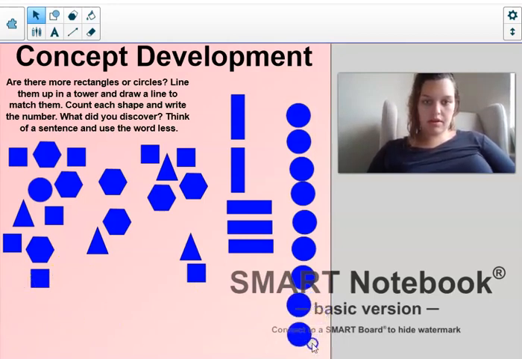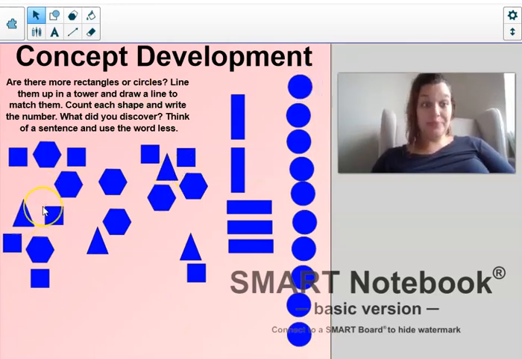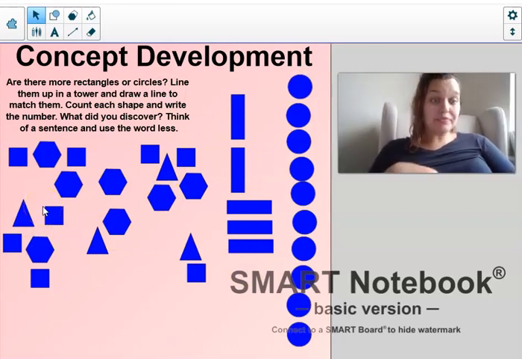Wow, there are so many different shapes here. I just want to make sure we got all our circles and our rectangles. Yep, it looks like we did.